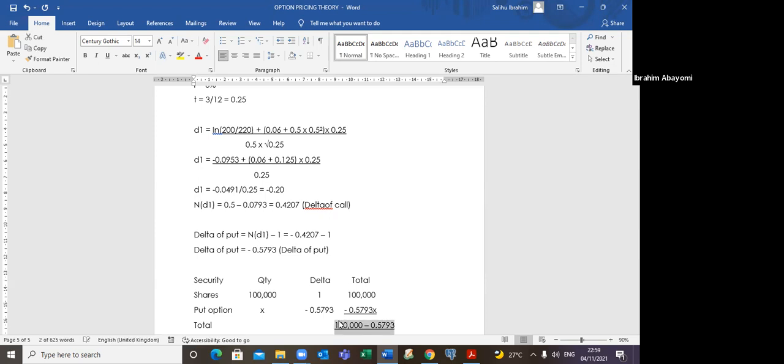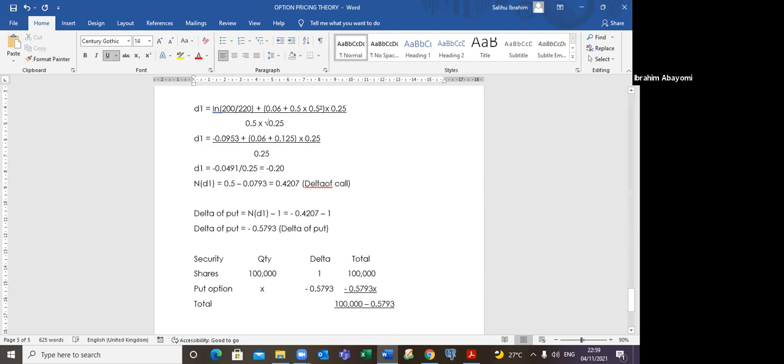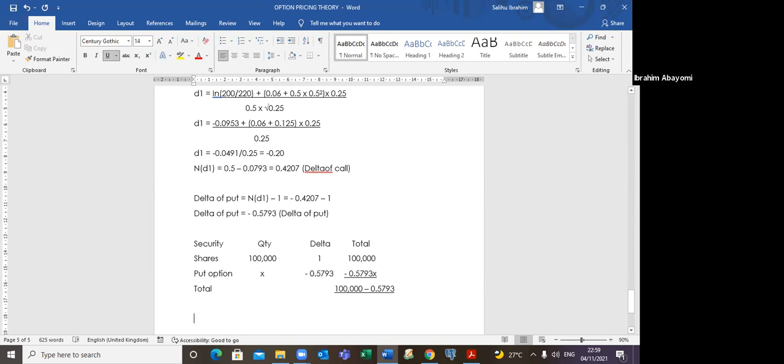Now, don't forget, I said delta hedge means that you want to take a position such that whatever happens in the market, your share price remains unchanged. That is the delta there. So if that is the case, whatever I have as my total here, when I'm delta neutral hedging, I will equate everything to 0. Therefore, I will have 100,000.